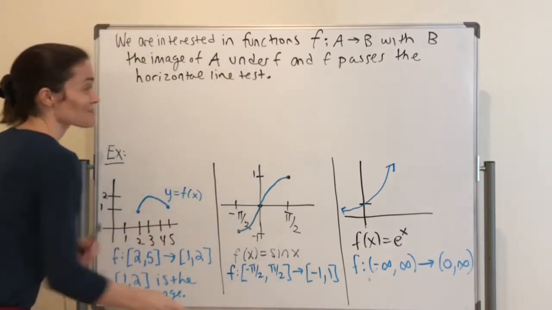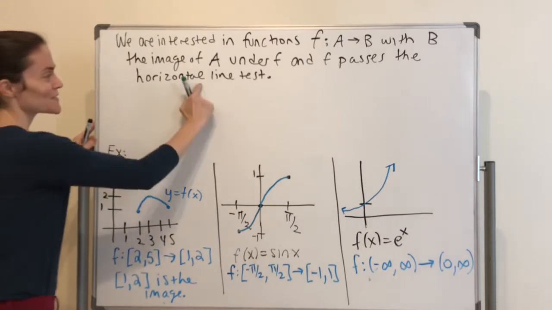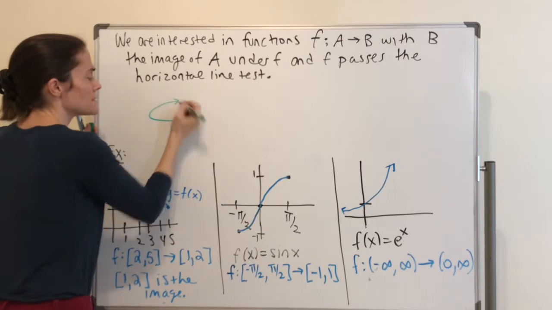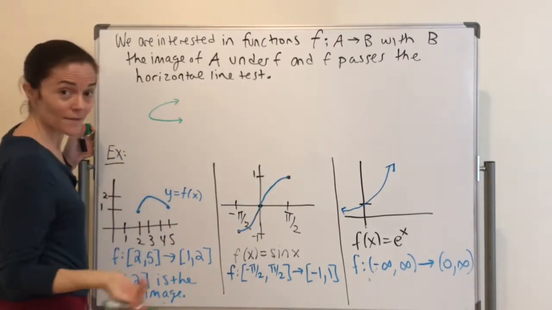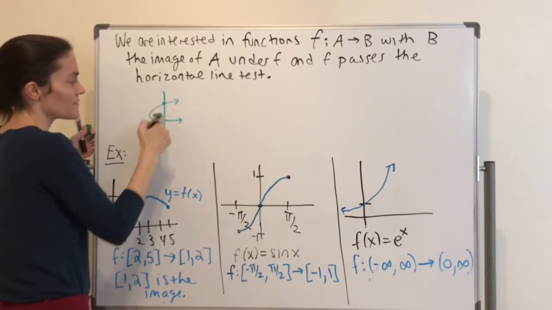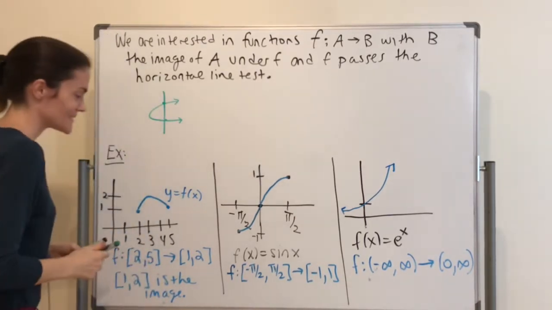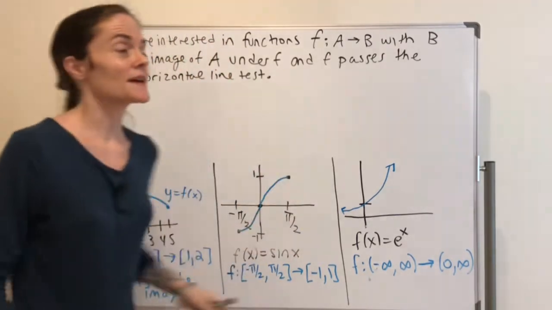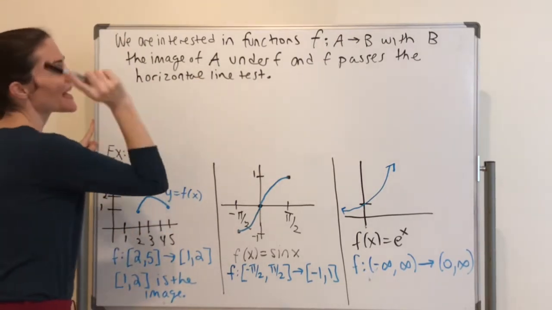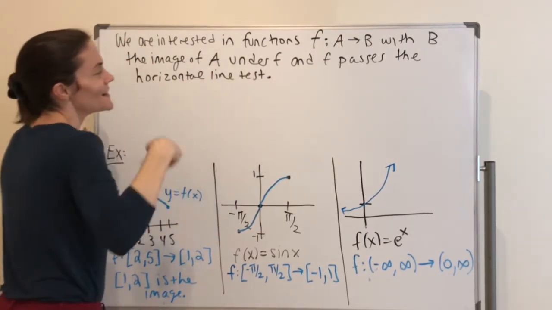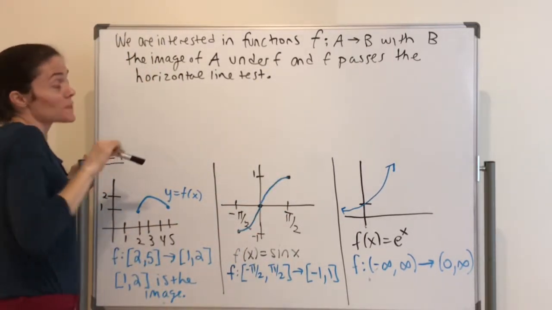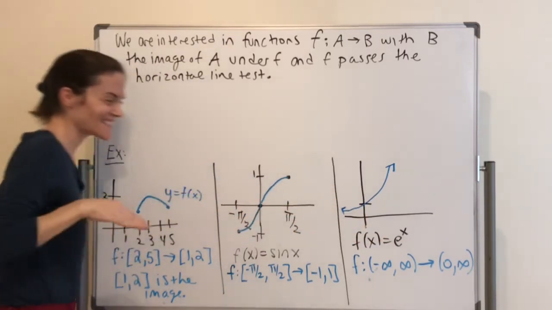For instance, the vertical line test allows you to say that something like this is not a function, because here a vertical line hits the graph in more than one spot. But now I'm starting with a function, so I know it already passes the vertical line test. I know the domain is A. I know the image of A under f is B. This is the range.